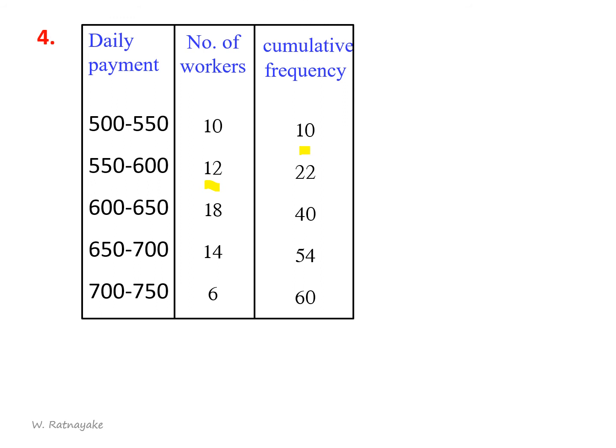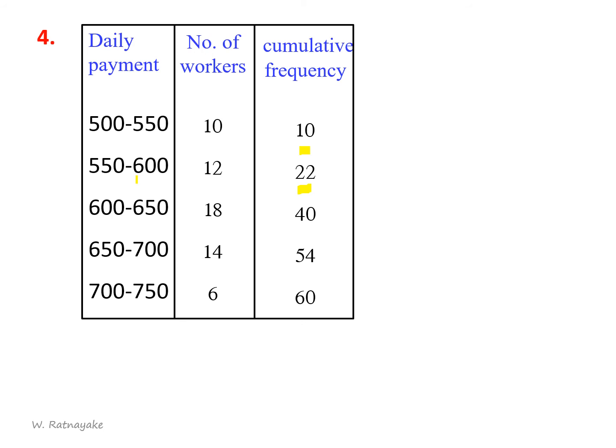This 10 is connected only with the upper limit of the class interval. This 22 means the number of workers who get a daily payment less than or equal to 600. So this 22 is connected only with 600 of this class interval, not with 550. So this is the difference between the cumulative frequency and the normal frequency.